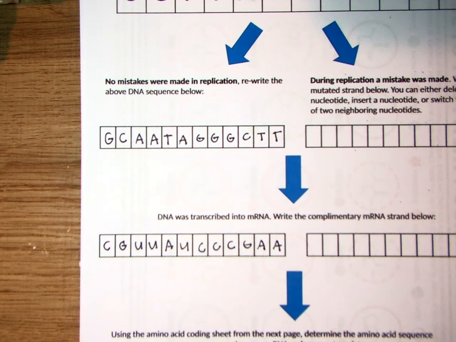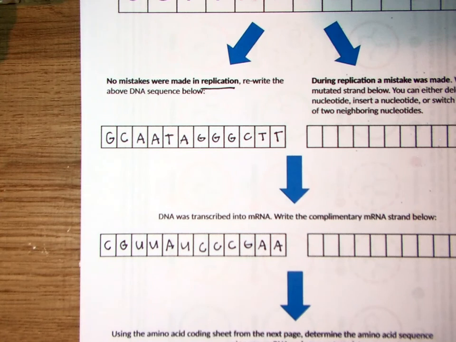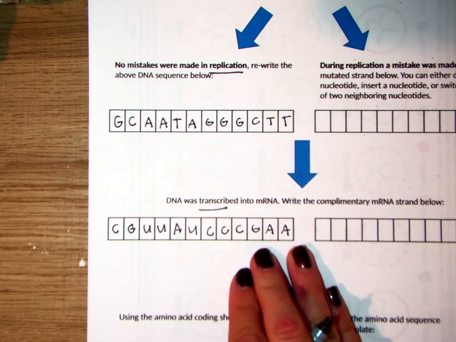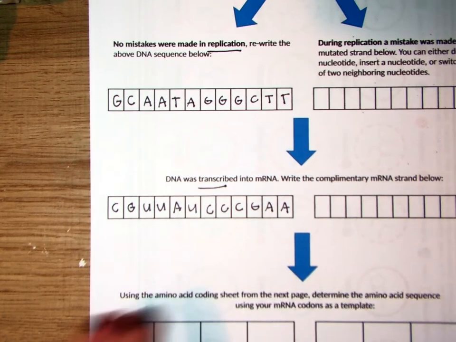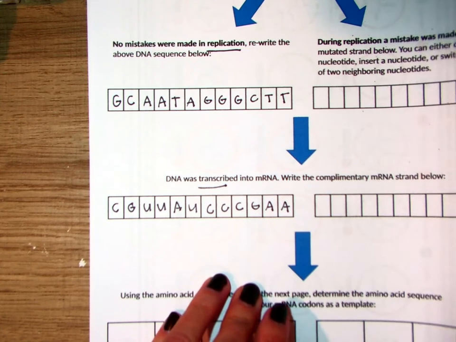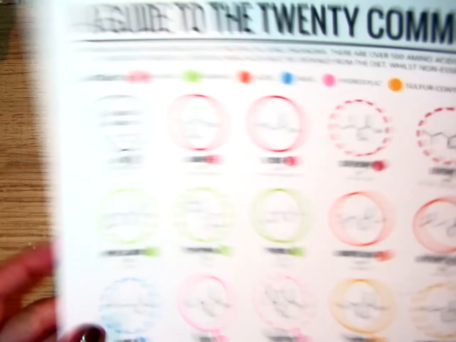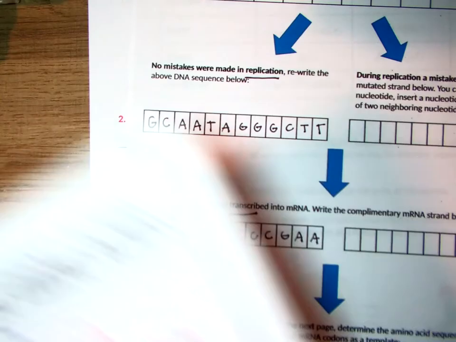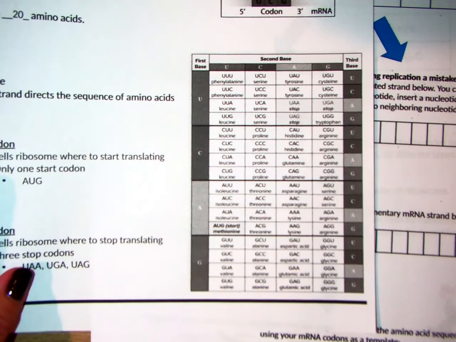Alright, so we just replicated that DNA, and then we transcribed it. Now it's mRNA, and now we're going to translate it using this very cute Guide to the 20 Amino Acids. You can use this, or I think it's easier to use this table right here.